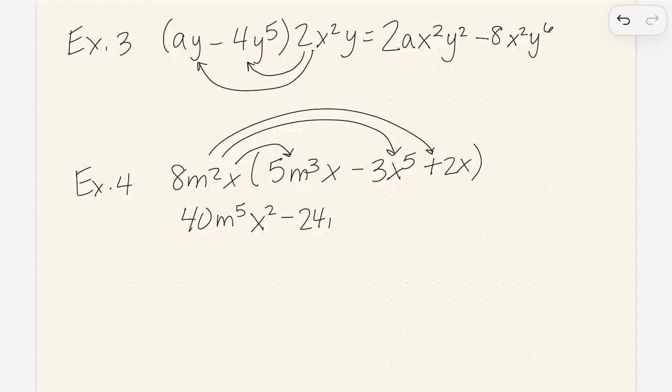M squared, because there's no other m's, x times x to the 5th is x to the 6th. 8 times 2 is a positive 16. And then we have m squared and then x times x is x squared. So our answer is 40m to the 5th x squared minus 24m squared x to the 6th plus 16m squared x squared.